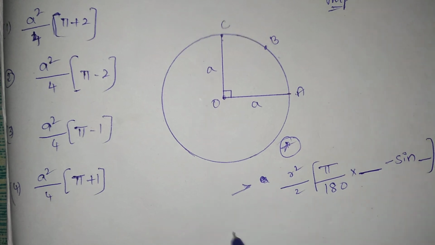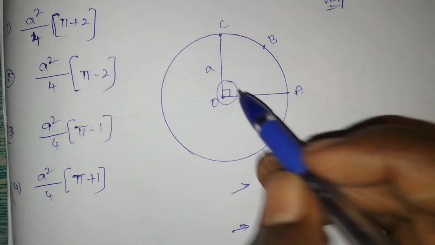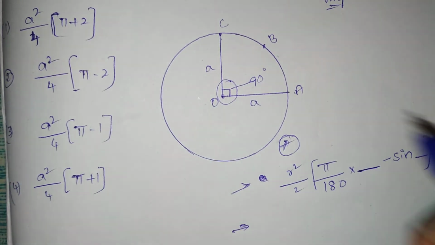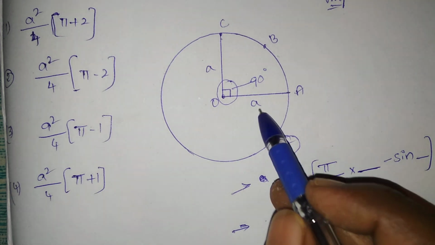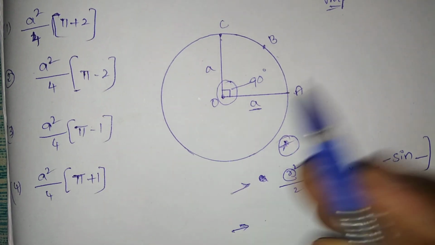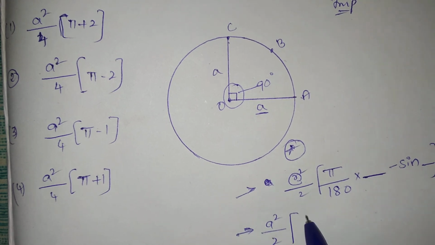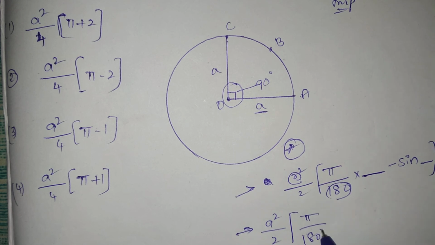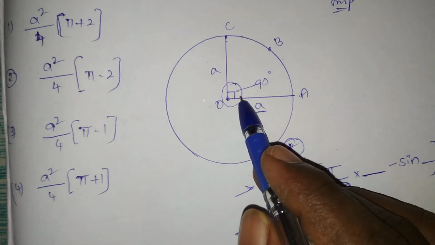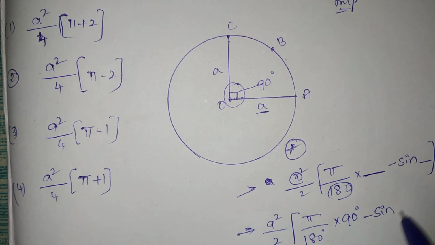Here we have a symbol that represents 90 degrees. Here a is the radius of the circle. So a square by 2 into pi by 180 degrees into the angle obtained here, 90 degrees, minus sine 90 degrees.